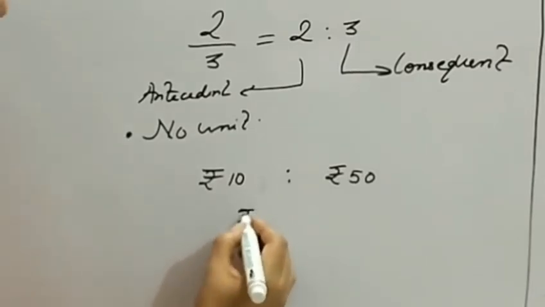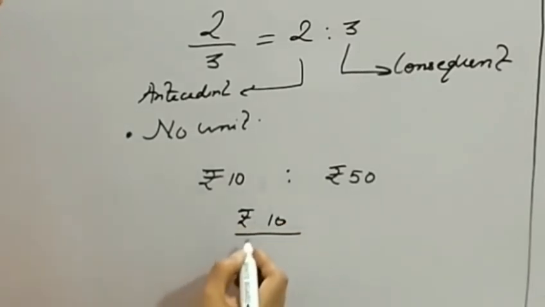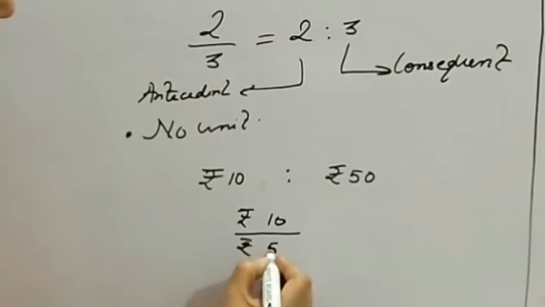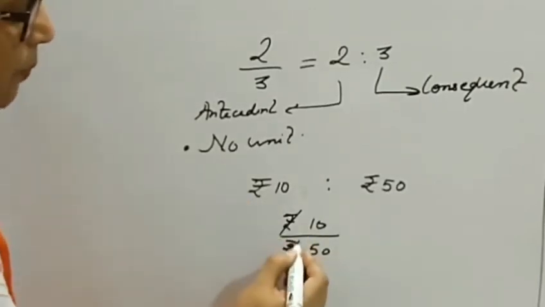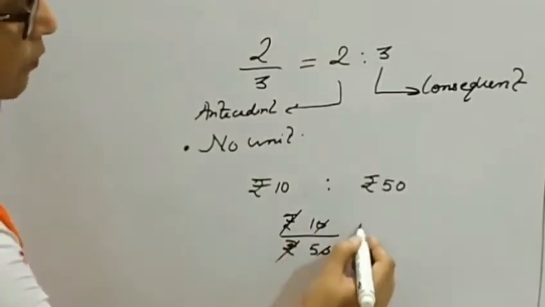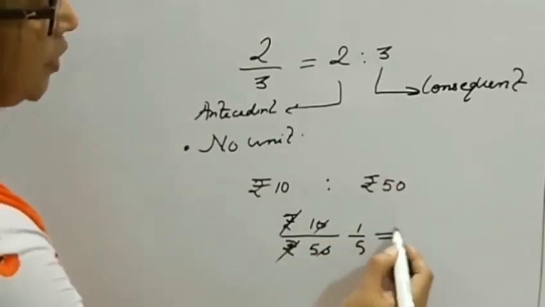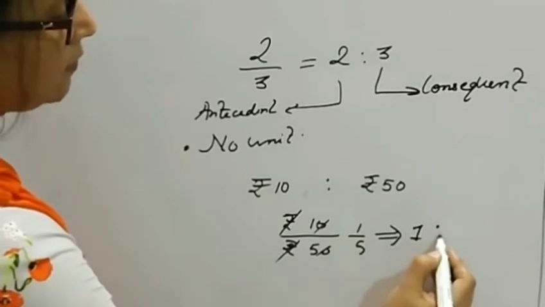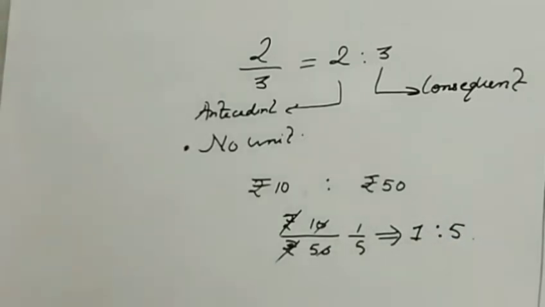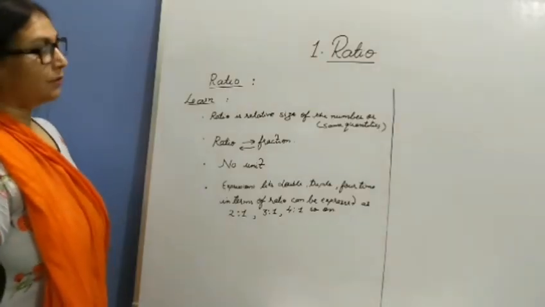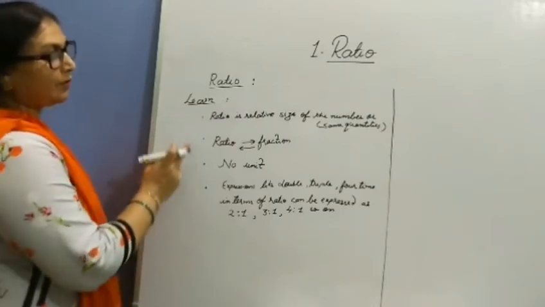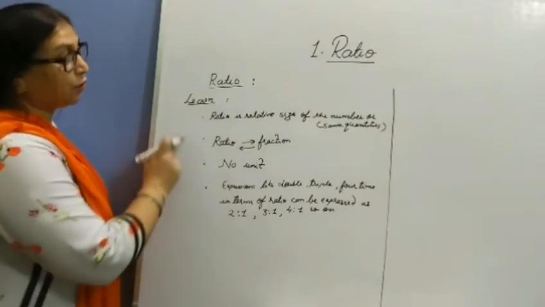So rupees 10 is to rupees 50. In this case, rupees and rupees get cancelled. When you simplify, it becomes 1 by 5. This is a fraction. When you convert it to a ratio, it becomes 1:5.